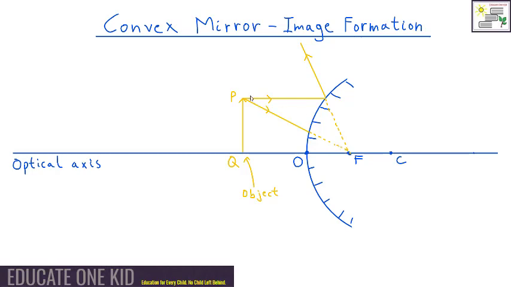Now we discussed in the video on the basics of the convex mirror that such a light ray that is directed towards the focal point will reflect off the convex mirror and travel away from it parallel to the optical axis like this.